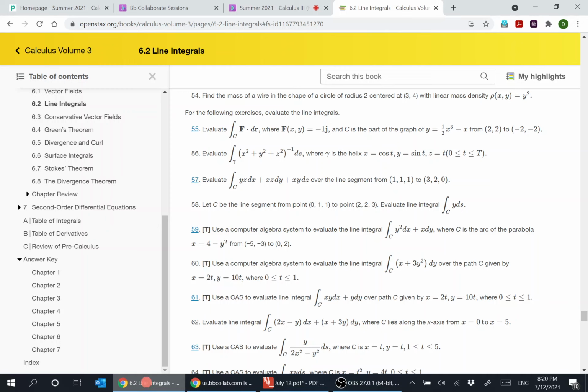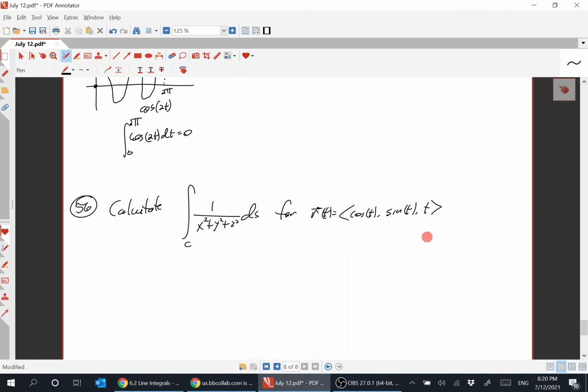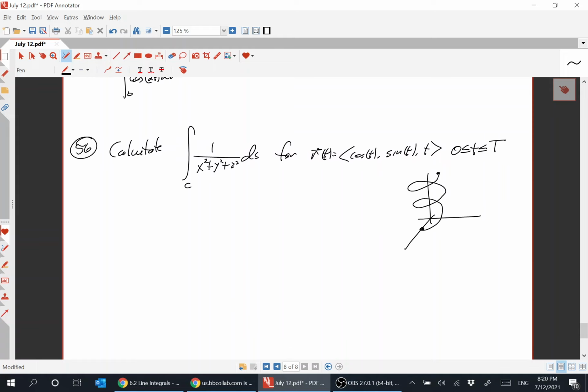But it doesn't say how far along the helix you're going, 0 less than or equal to t less than or equal to this capital T. You're going as far as whatever T is going to be. So your final answer is going to be in terms of T. Alrighty, so for this one, f of x, y, z is this function here.